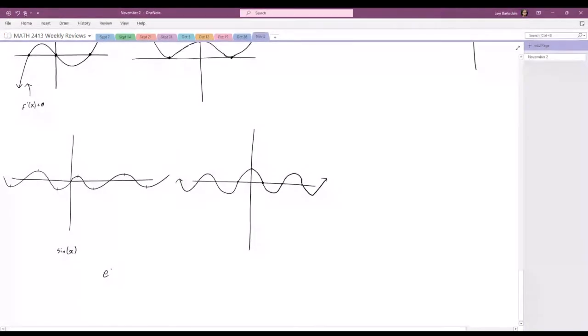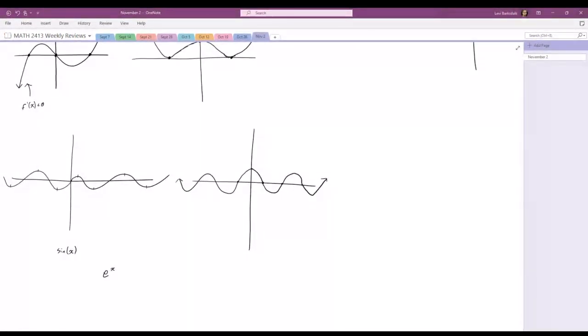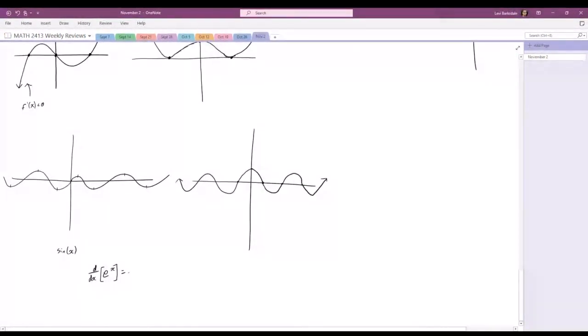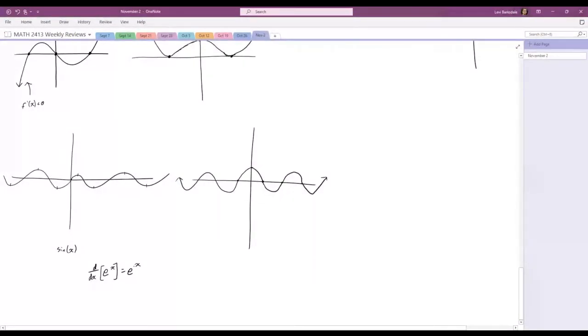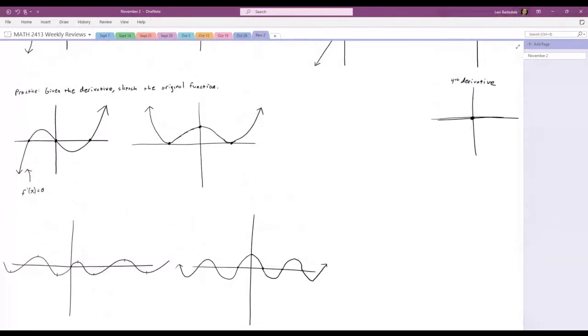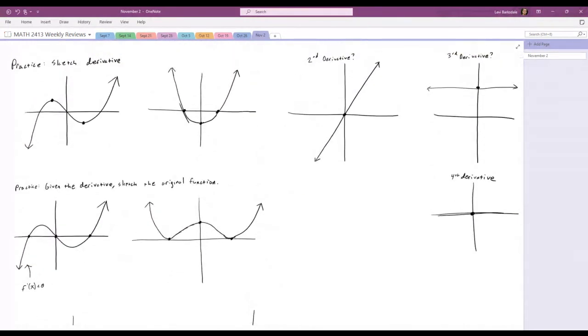The same thing happens when we have a function like e to the x. Its derivative is never going to go to 0, because when we take its derivative, we just get e to the x again. All right. Does that answer your question? Yeah, it's pretty neat. With polynomials, your derivative should always go to 0 after some point.